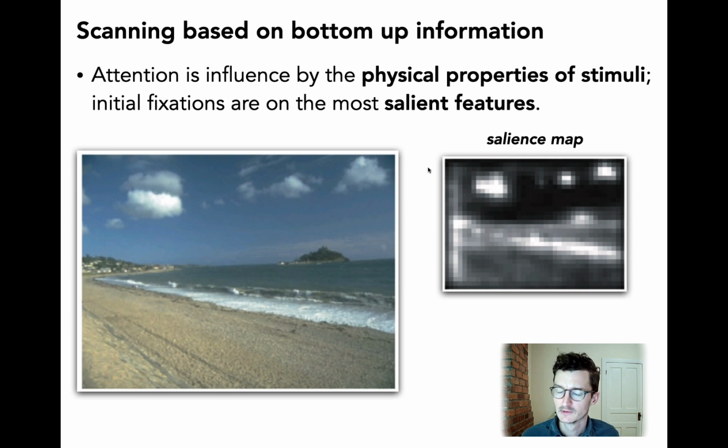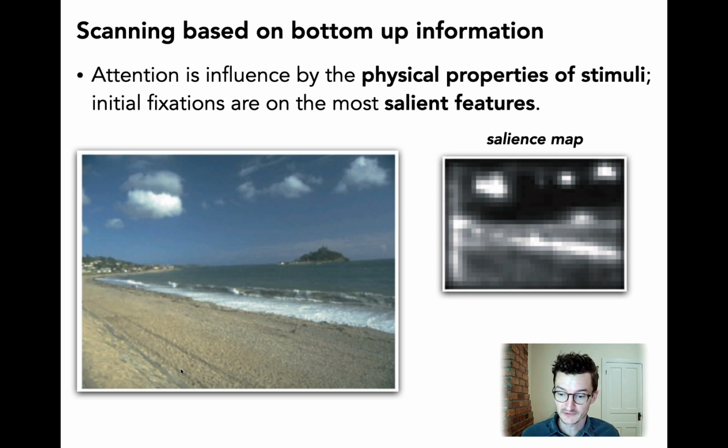Individuals tend to focus on areas of high salience. And this makes sense. We want to look at things that are interesting, right? The sky, or the beach where it doesn't meet the ocean, is just not that interesting. We already know kind of what's going to happen there.